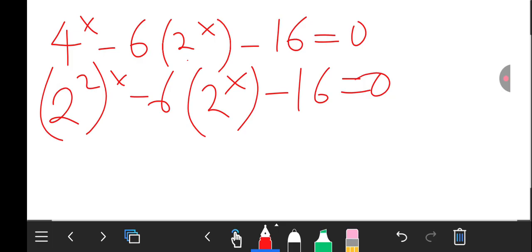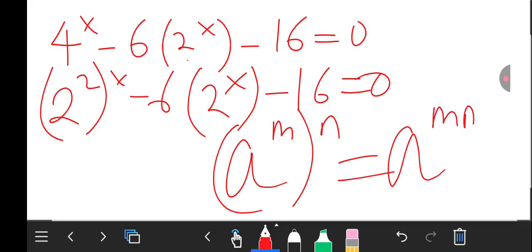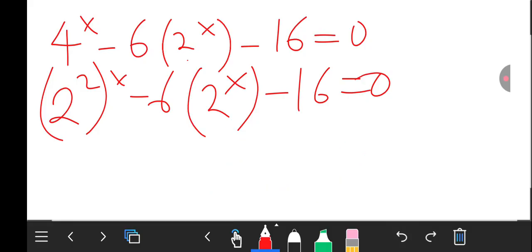Then you can just use that law. The law I said, if you have a to the power m raised to the power n, that is simply a raised to the power mn. Okay? So here, I can just interchange since I want to compare.